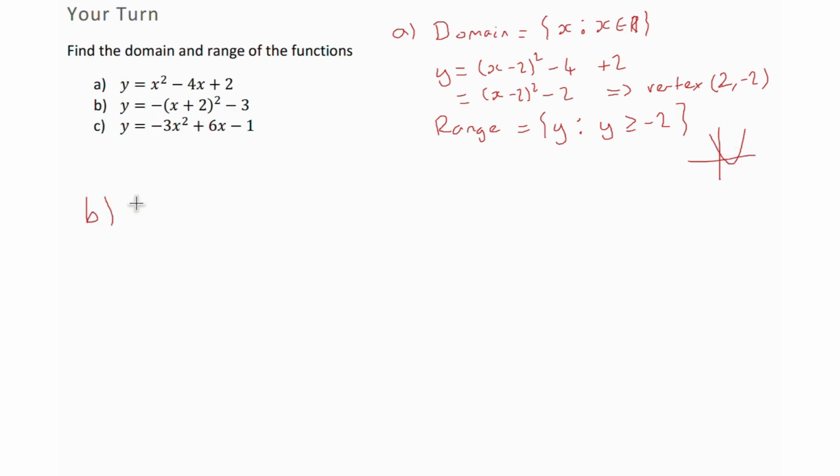For B, again, it is a quadratic, so the domain is all values of x, such that x is a real number.